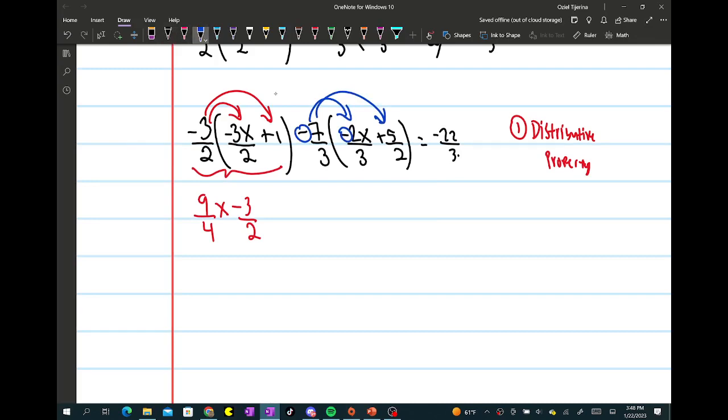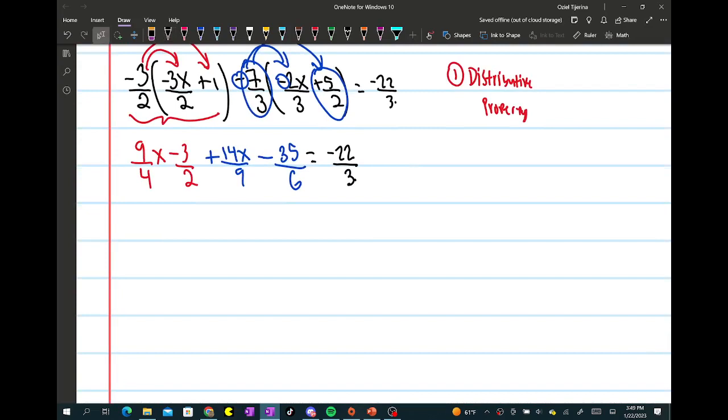So we're going to say plus 14x over 9, and then minus, because we're distributing it to the 5 halves, it's going to be 7/3 times 5 halves, so minus 35 over 6. And this is going to be equal to negative 22 over 3.